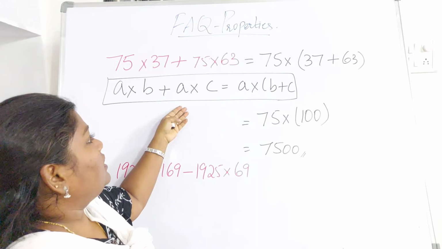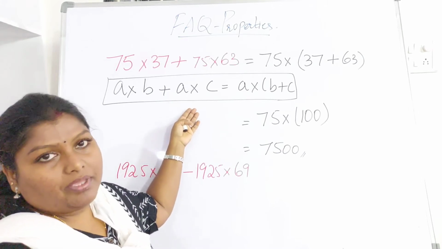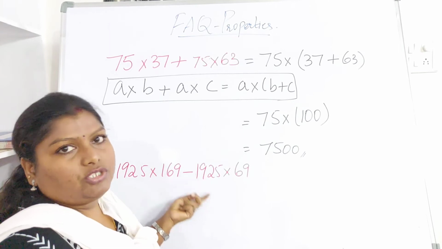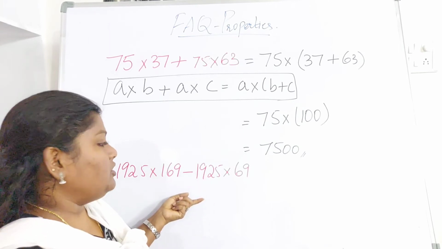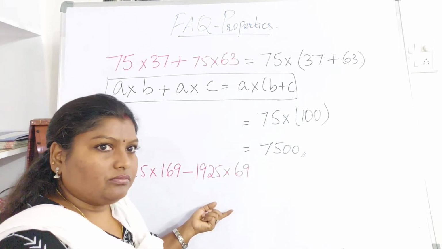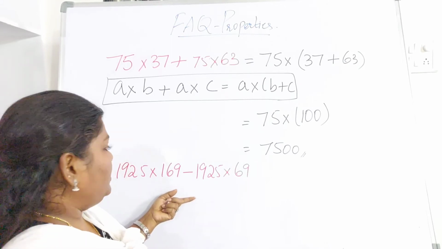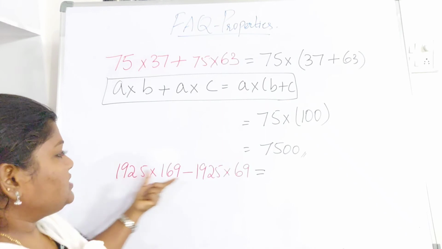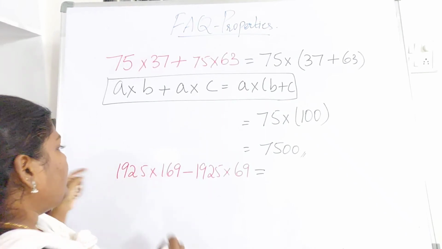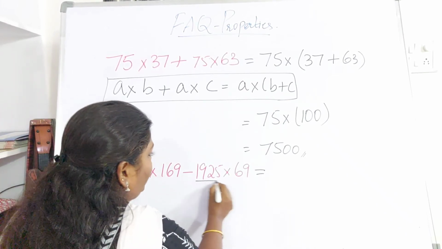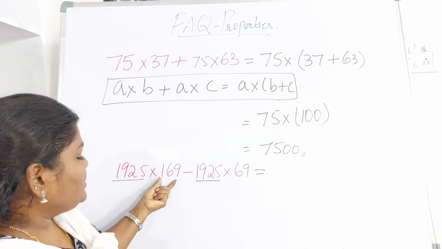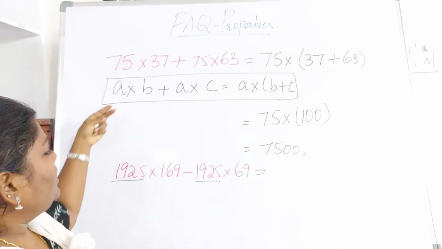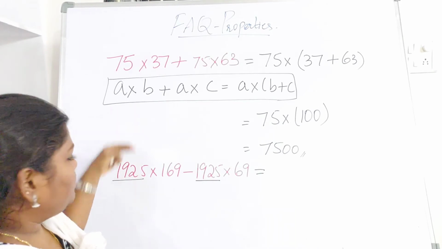Now here we are going to use distributive property of multiplication over subtraction. So let me solve this. Now here you can see that what is the number which is repeating? It is 1925, here 1925 and 1925, and here you can see that it is 169 and 69. So let me substitute by using this distributive property.